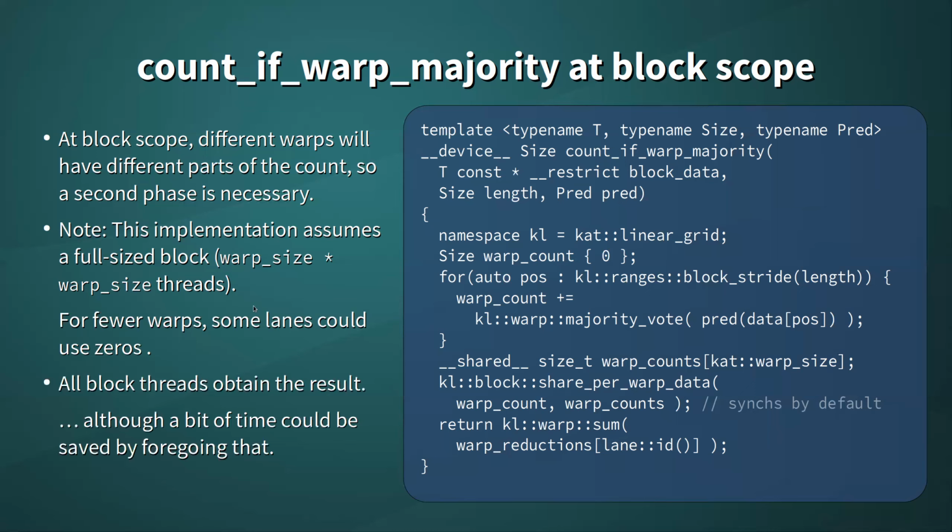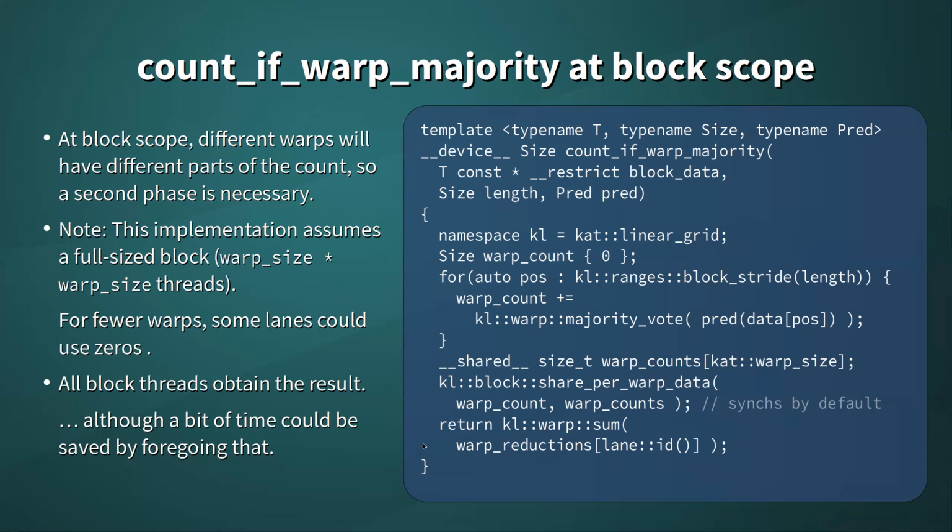And one last thing I want to mention is the way I implemented this block scope function is that all of the threads in the block get the correct result, but sometimes you don't need that. So these last two lines, you only need them for when you want the warp to get the result.